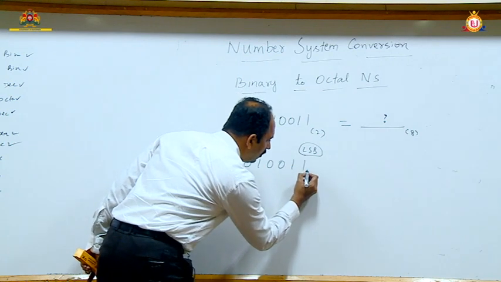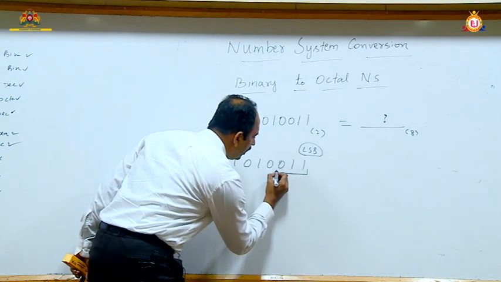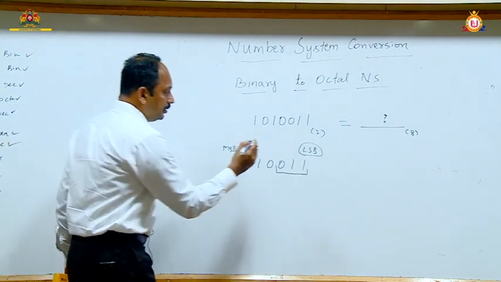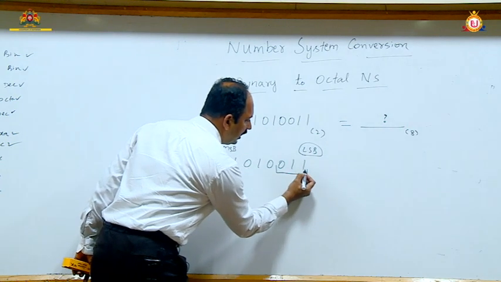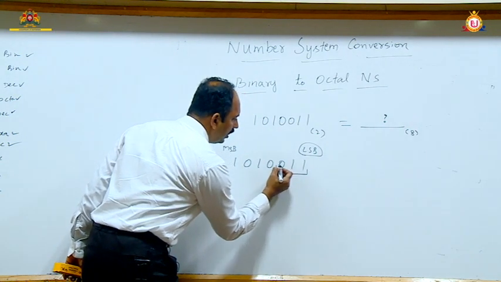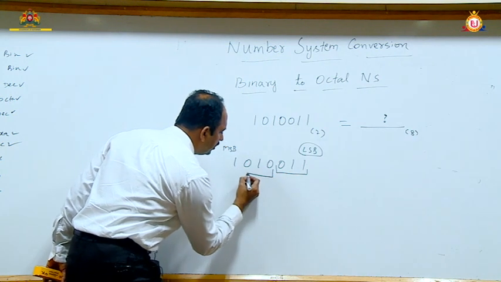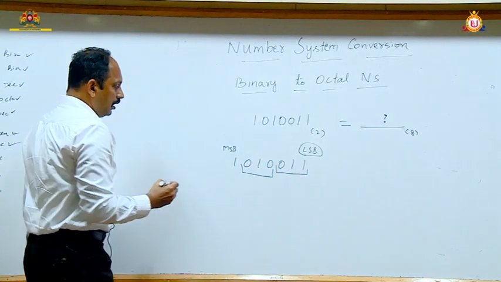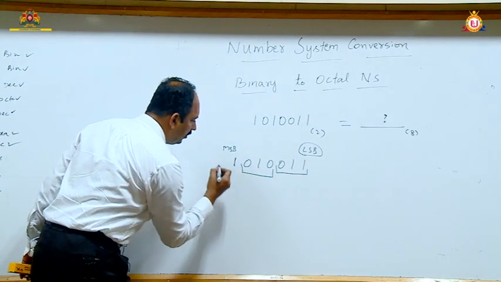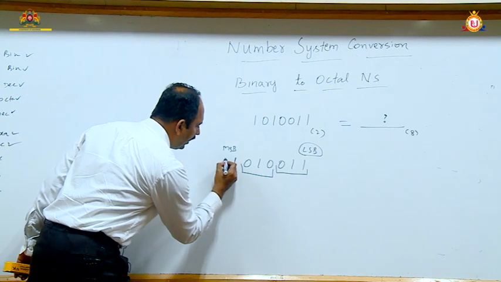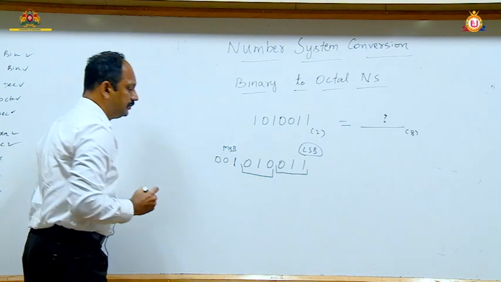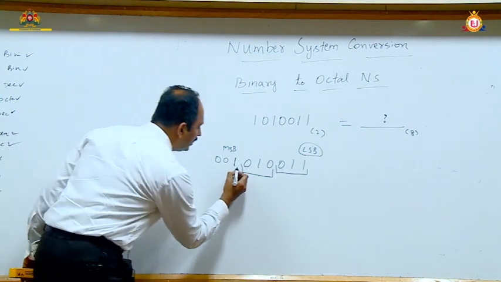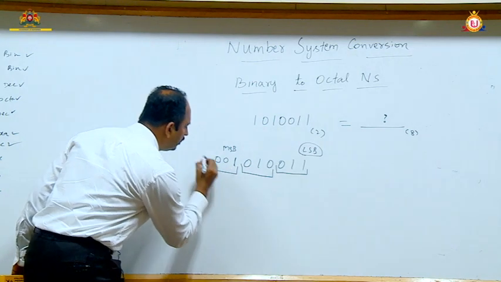I am just marking it for understanding purposes. 3 digits from the LSB place, 1, 1 and 0, and from here another 3 digits, 0, 1, 0, and only 1 bit remains, so you have to prefix zeros to make the length 3 binary digits. That makes it 001.